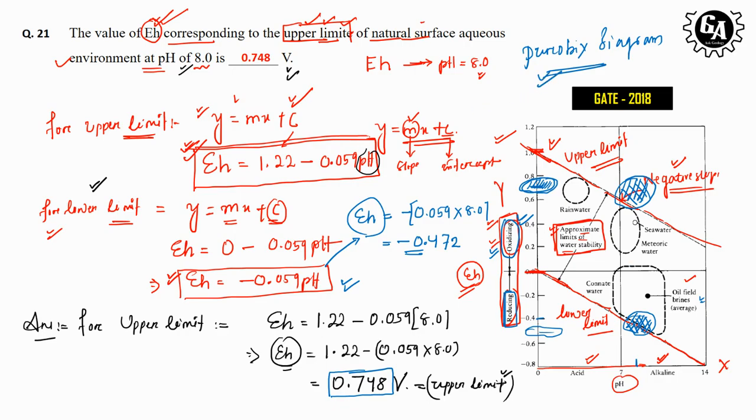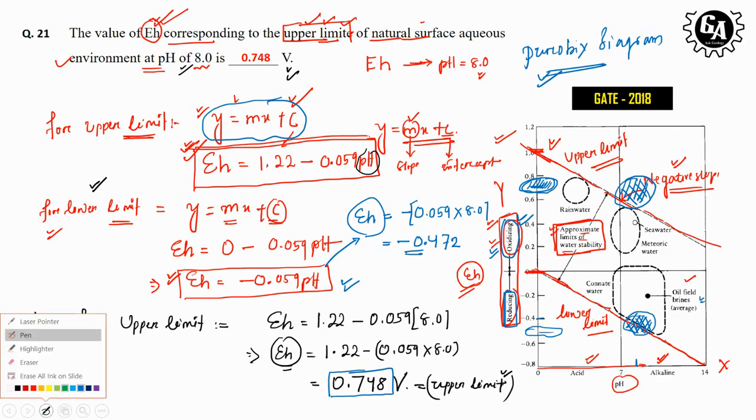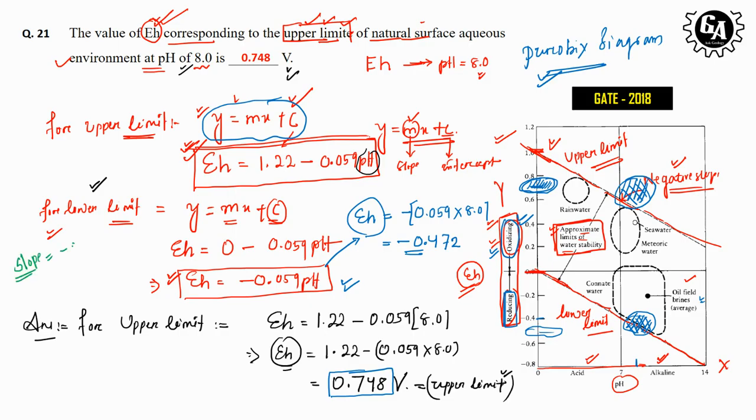I just told you that you just remember y is equal to mx plus c. What is the slope here? This is the negative slope, that's why minus 0.059. This is the magnitude, and minus is due to the negative slope. And what is the c? C is the intercept.